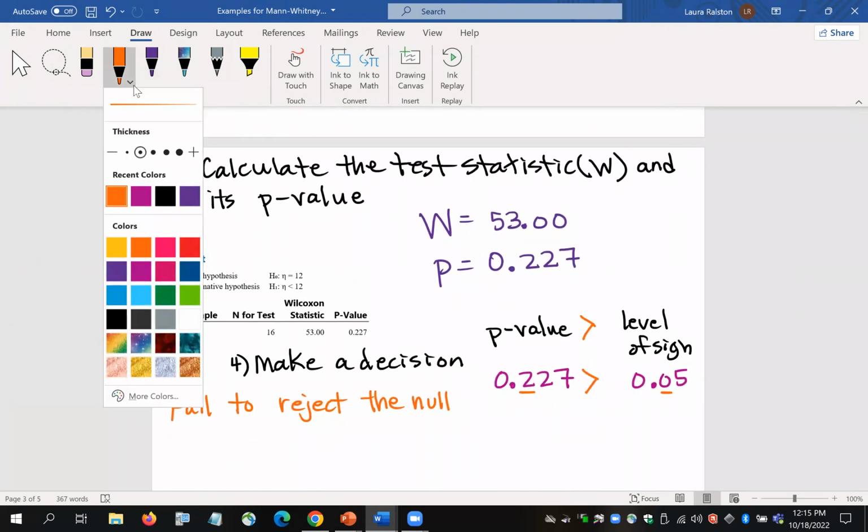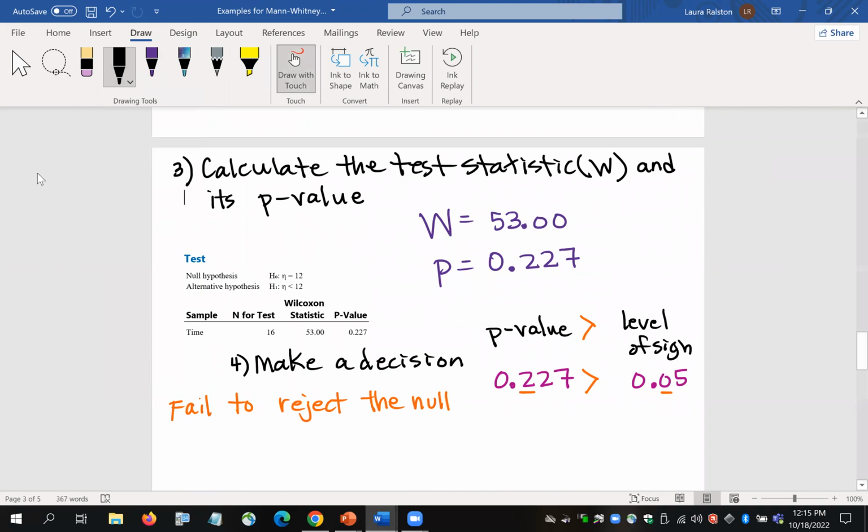Okay, so again, we write our conclusion. And I know it's 12:15.